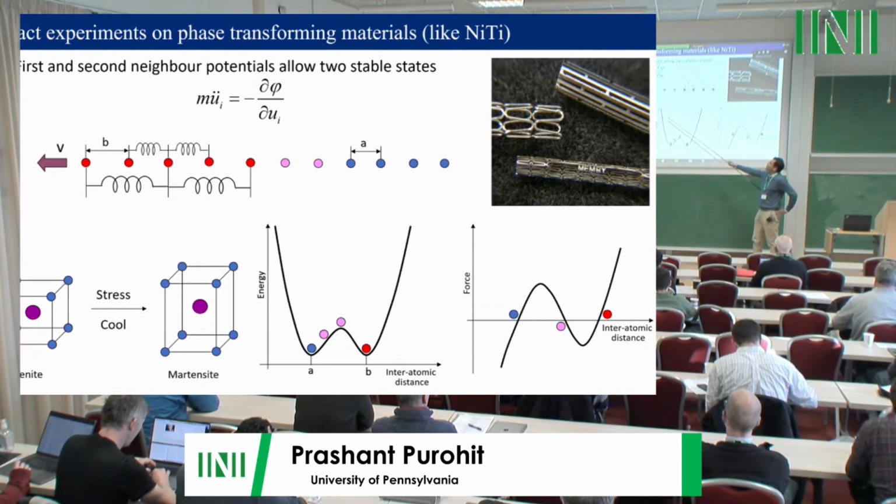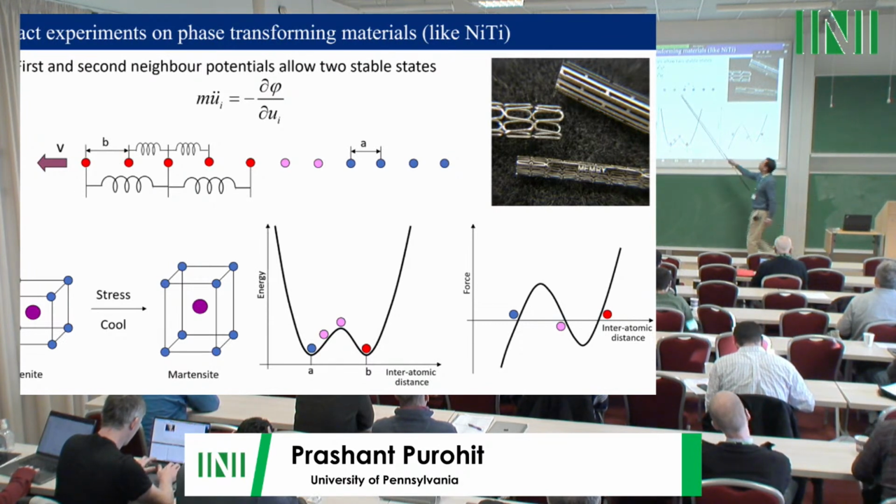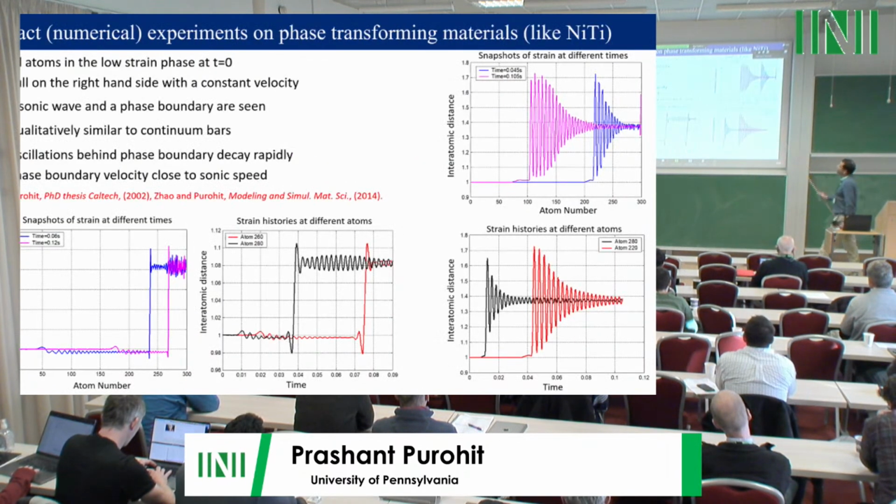When you perform an impact experiment on this, what can happen is that if initially all the atoms are in the austenite phase, they can go into the martensite phase through a phase transition. Okay, and I'll show you some examples of integrating that equation of motion for this chain of masses and springs. So for low velocity impacts, this is what your solution might look like.